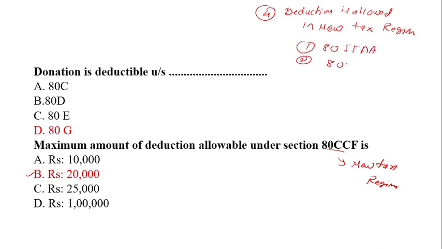Then second, 80CCD. Then 80CCF. And the fourth one is 80CCH, which is allowed, and 80LA. Okay, 80LA is allowed.